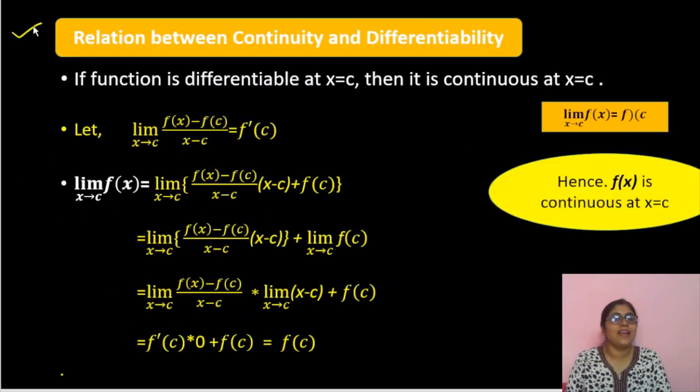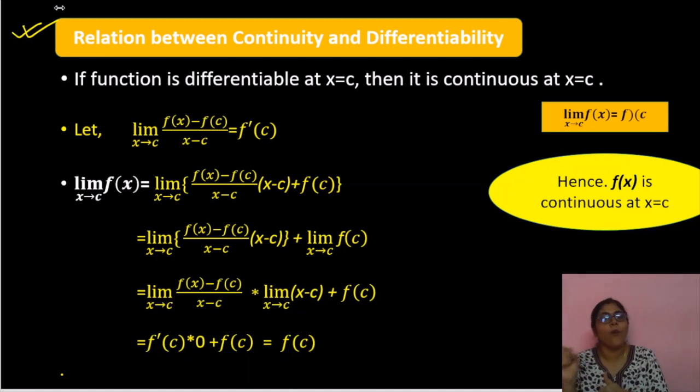So what is the relation between continuity and differentiability? We can say if the function is differentiable at x = c, then it is continuous at x = c. So the first condition for differentiability is the function should be continuous at that point.